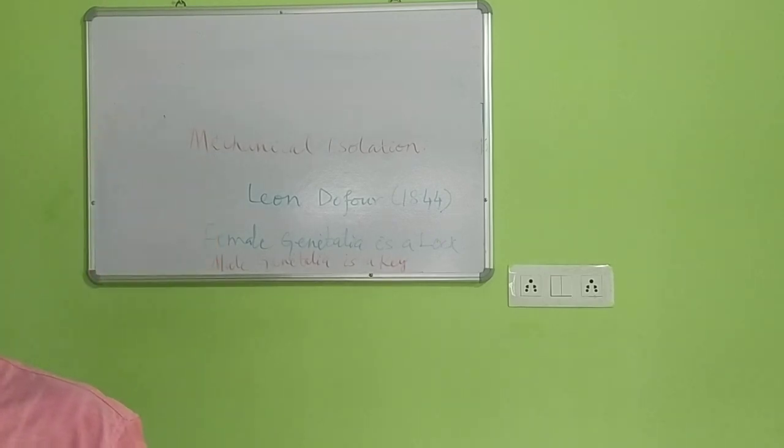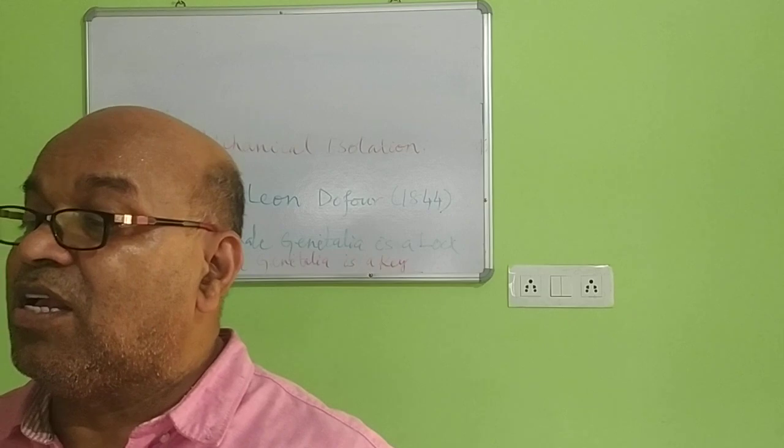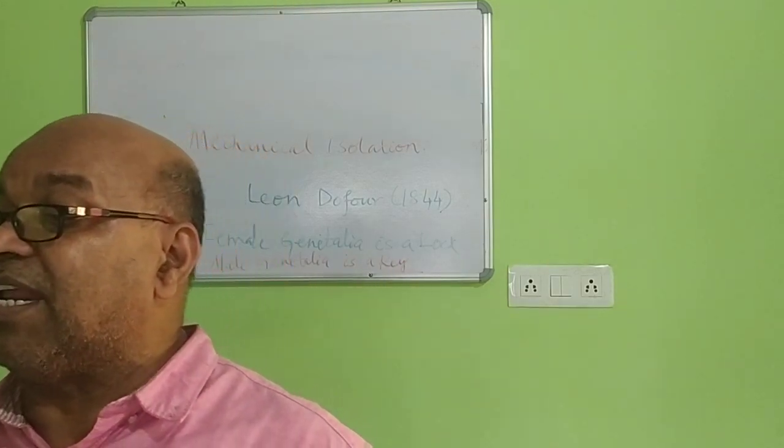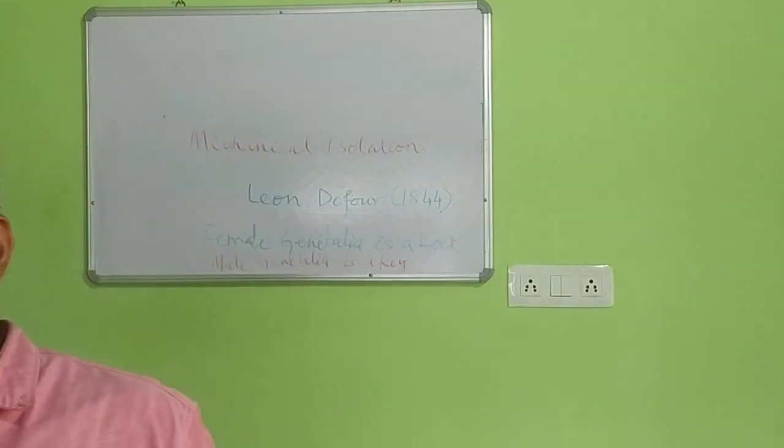Again, I shall explain mechanical isolation. It is due to the differences in the structure of the genital organs according to the lock and key theory of Leon Dufour in 1844, and there should be exact correspondence between the structures of the male and female genitalia to allow mating.